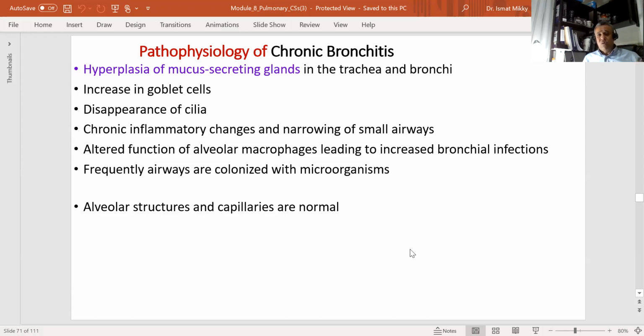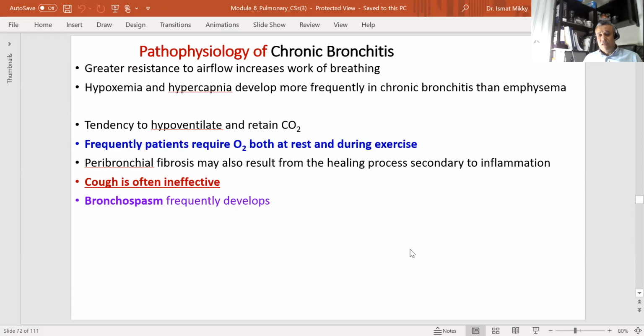The occlusion of the small bronchioles will interfere with normal ventilation and normal exchange of gases, mostly with ventilation. So the mucus becomes like a physical barrier to ventilation.